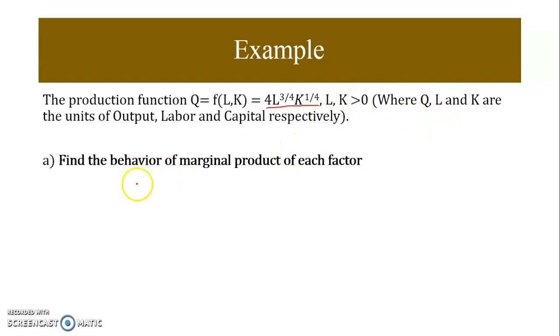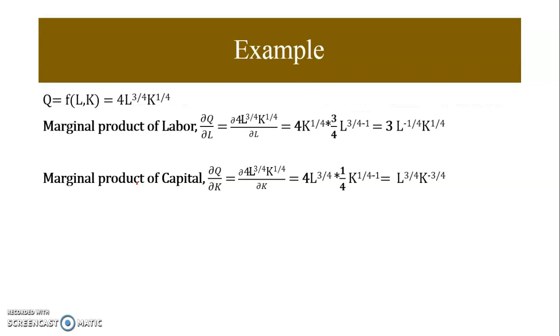The first question is that you have to find the behavior of the marginal product of each factor. We know the formula for calculating the marginal product of labor. This is the partial derivative of output with respect to labor. So when we take this, this 4 and K to the power 1 by 4 are constant. So this is the power rule.